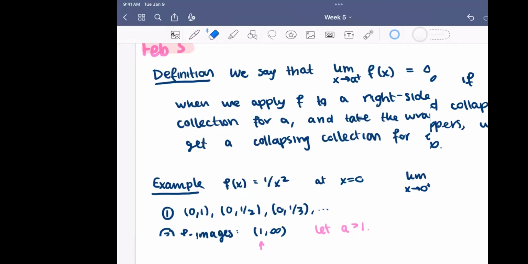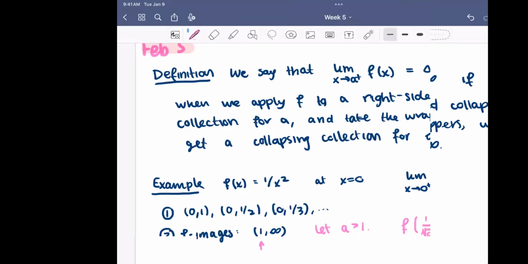So what number would I need to plug into f to get a? It would probably be, I'm just going to guess and check, 1 over the square root of a.